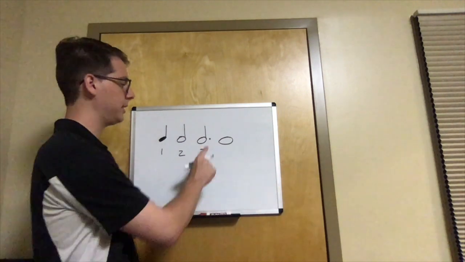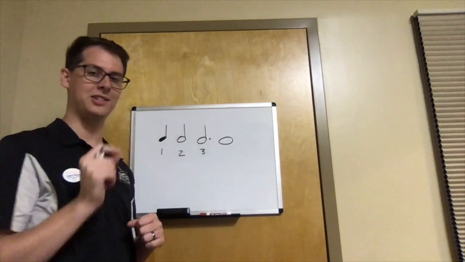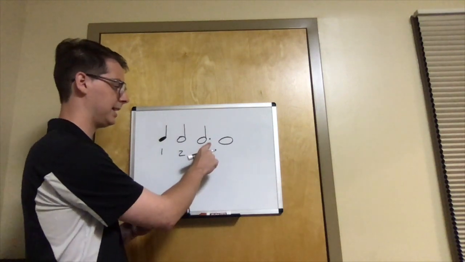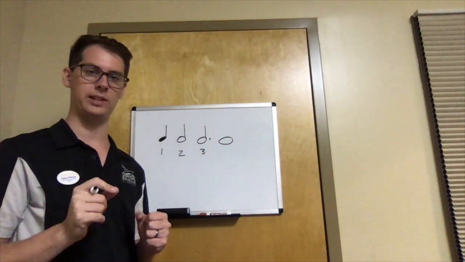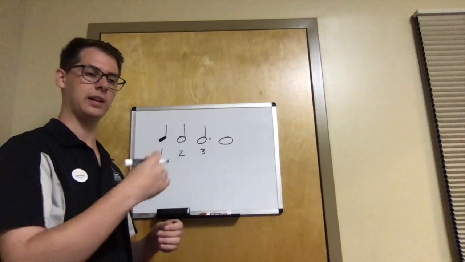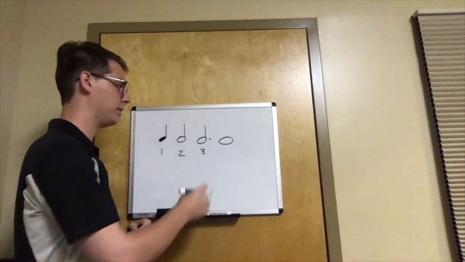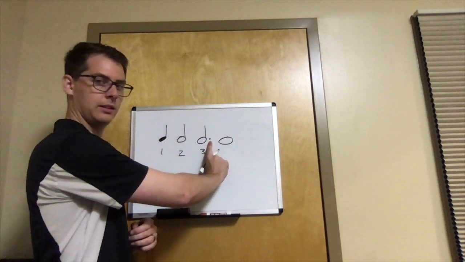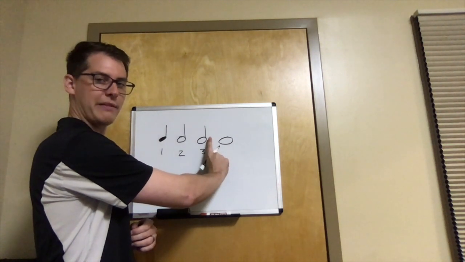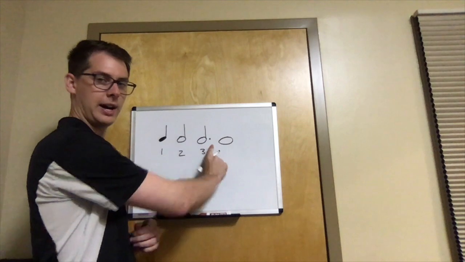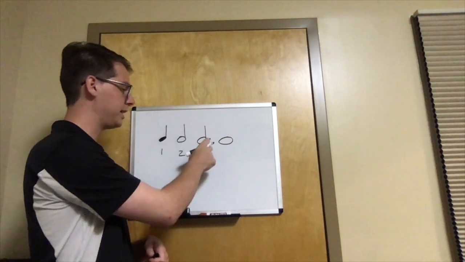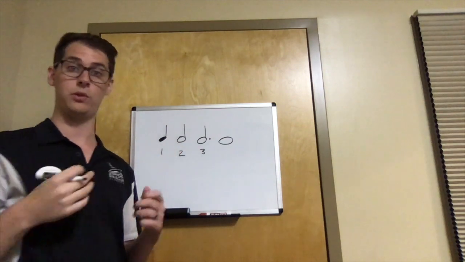Now, something to remember is when you see a dot that is out to the side of a note like this, that dot represents that it's always increasing the value of this note. So if that dot wasn't there, that would be just a half note. With the dot it is now considered a dotted half note, which just increased the value from 2 to 3.